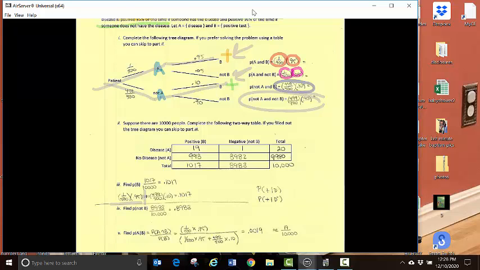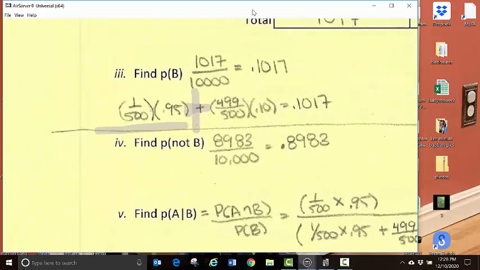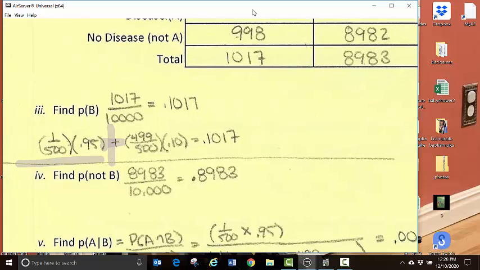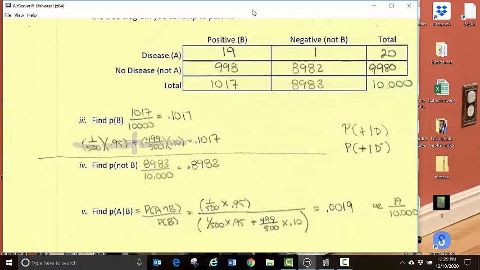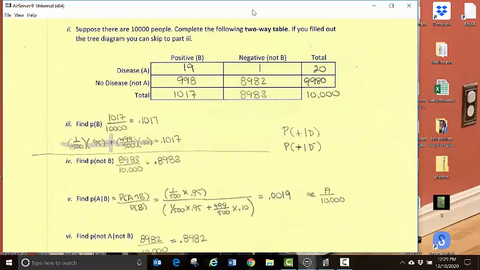So you say: I have the disease and I got a positive, and means multiply, or I don't have the disease, but I still got a positive. So this is disease and positive, or not disease and positive. That is how you would use the chart for that.